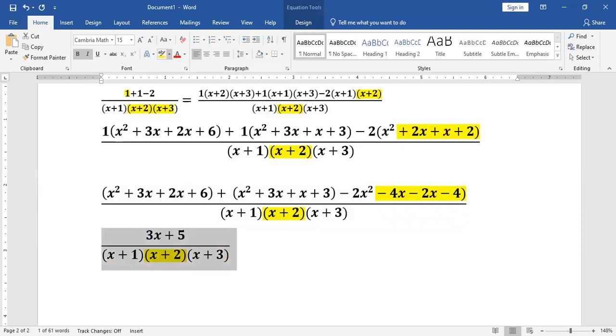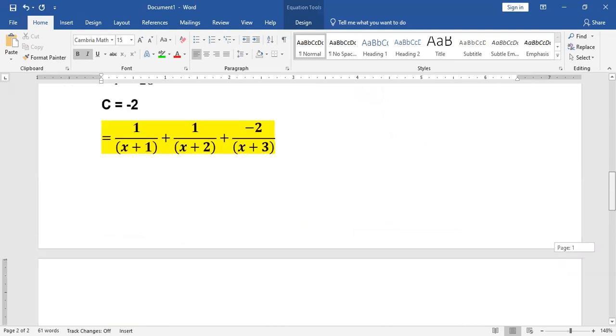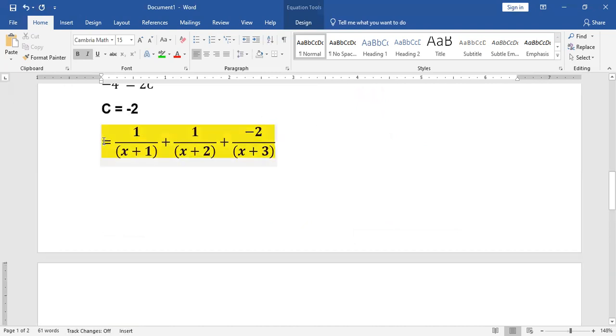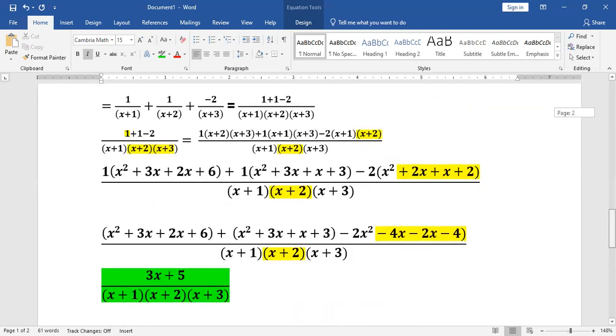I stressed this far just to show you that these decomposed partial fractions, when we compose them back, bring us back to 3x plus 5 over (x plus 1)(x plus 2)(x plus 3), which is this number below here.